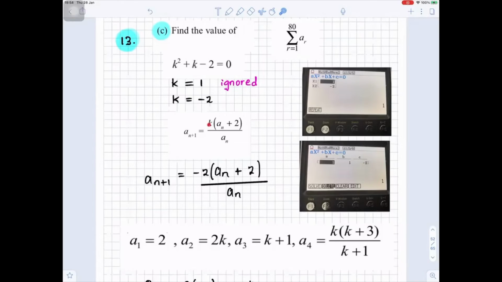So we have the nth term and we put minus 2 for K. So we replace K with minus 2. So this is what the nth term looks like. So we know first A1, A2, A3, A4. And here we're showing you how to use the calculator to solve that quadratic.